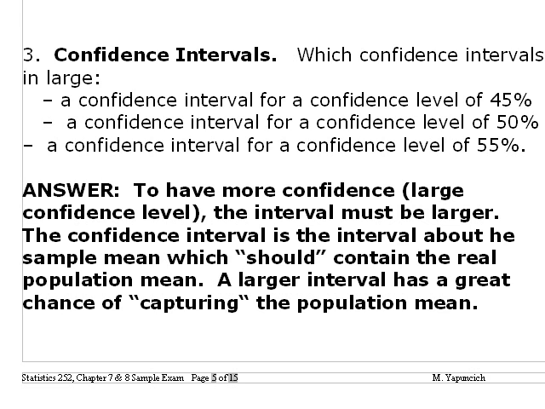The next question is also a question about confidence intervals in general, and the question is, which confidence interval is larger? Okay, a confidence interval corresponding to a confidence level of 45% or 50% or 55%. Well, what does a confidence interval mean?